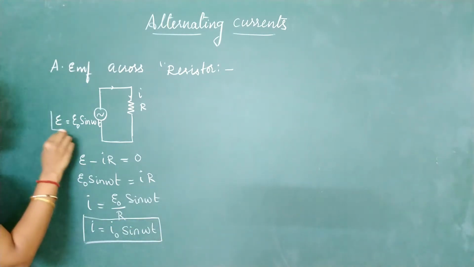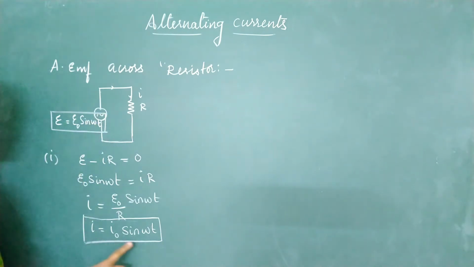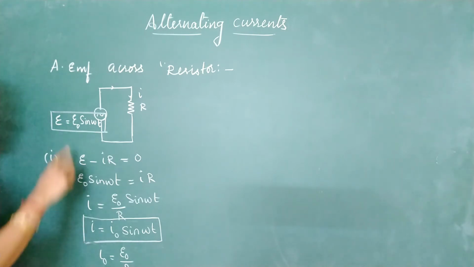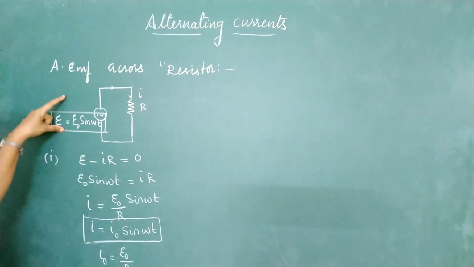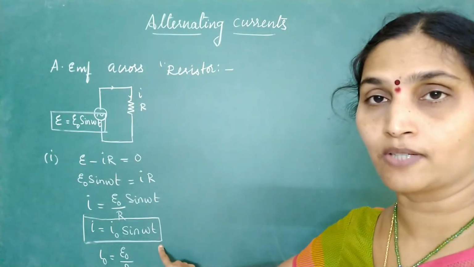If EMF is sinusoidally varying with time, current is also sinusoidally varying with time, where I0 is equal to the peak value of EMF divided by resistance. So the first thing is the nature of current through the resistor: if your EMF is oscillating with time, current also varies sinusoidally with time. This is our first observation.